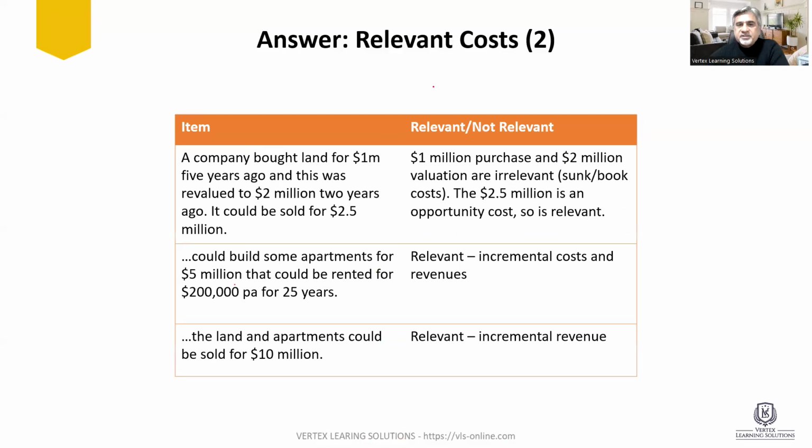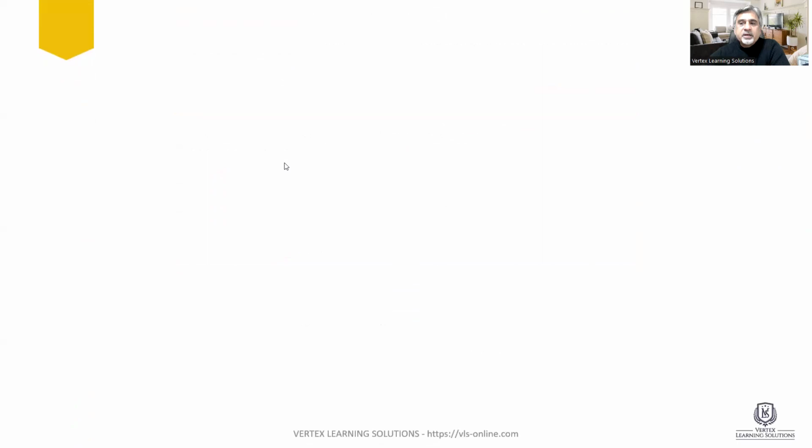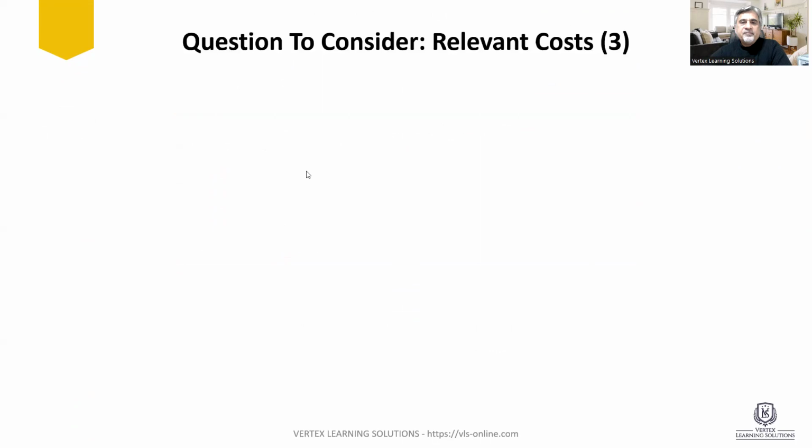So this is relevant. 200,000, 10 million is relevant. So the first step is that you identify which of the cash flows given to you are relevant and which are not relevant. And of course, the relevant cash flows are the ones we will use in our calculation for investment appraisal.